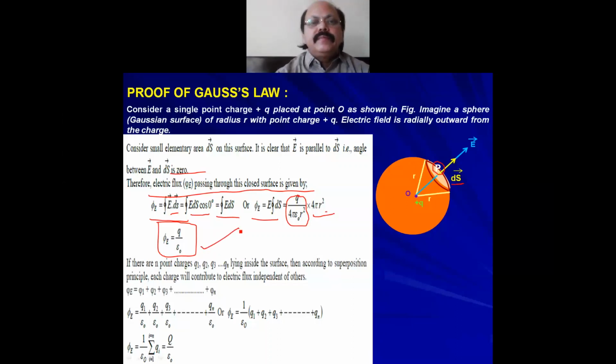Now if there are n point charges, say q1, q2, q3 and so on, qn, lying inside the surface. Since flux is a scalar quantity, according to the superposition principle, the total electric flux is the algebraic sum of the electric flux contributed by each charge, which are independent of the others.